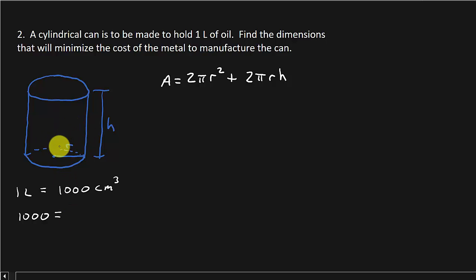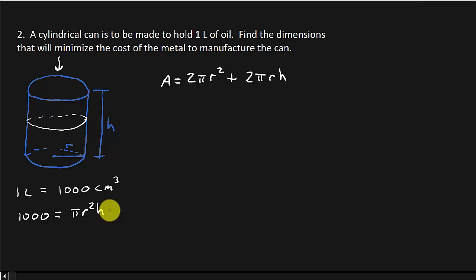Remember, if you take a cross section, in other words, say you cut this can in half here and you look at it from the top or bottom, it's going to be a circle. So the volume would be the area of the cross section, which is pi r squared, times the height.